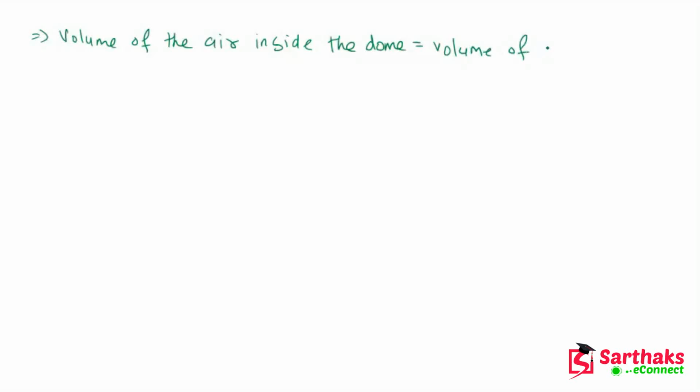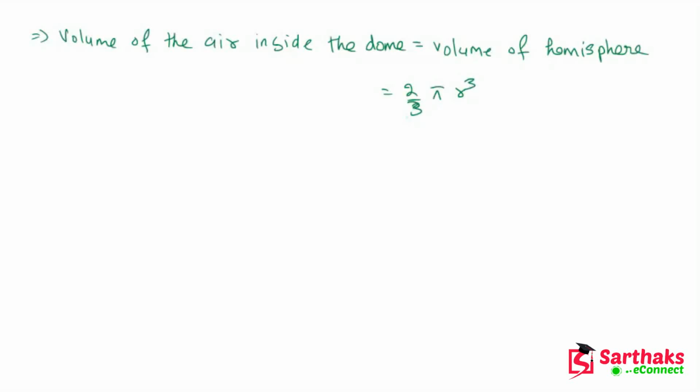Now volume of the air inside the dome is equals to volume of hemisphere. And we know that volume of hemisphere is 2 upon 3 pi r cube.